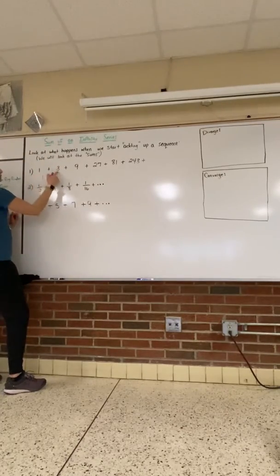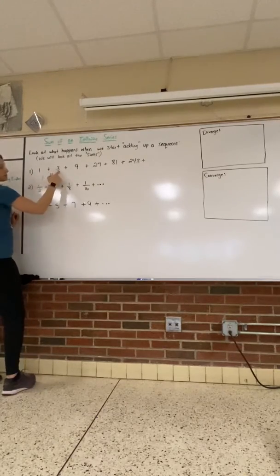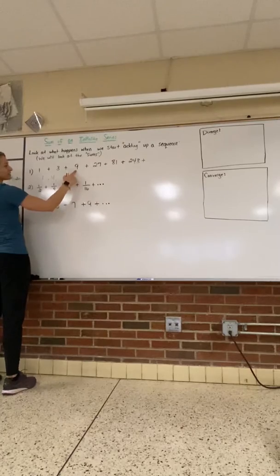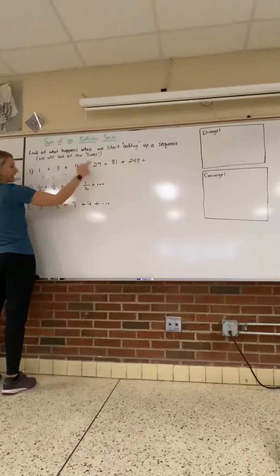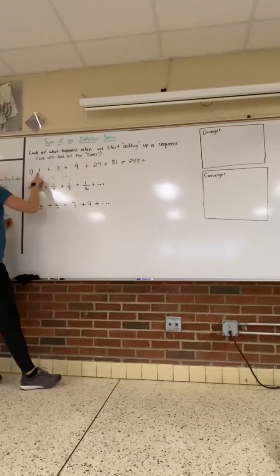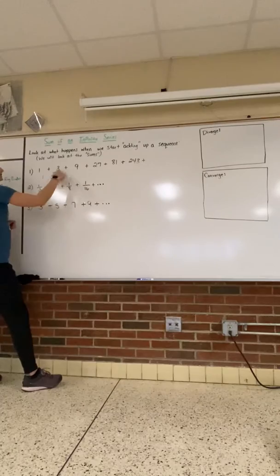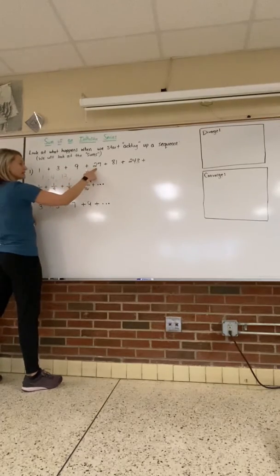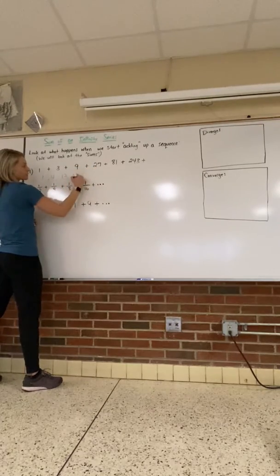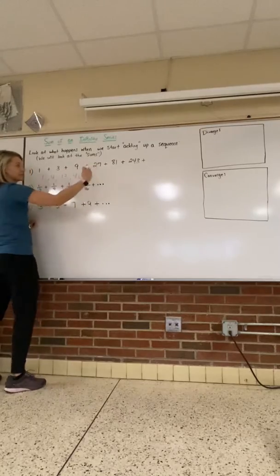But then when I take 1 plus 3, I get 4. When I take 1 plus 3 plus 9, so I'd take 4 plus another 9, that would be 13. Plus, if I add in that 27, so in other words, 1 plus 3 plus 9 plus 27, that would give me 40. And then I would keep adding.